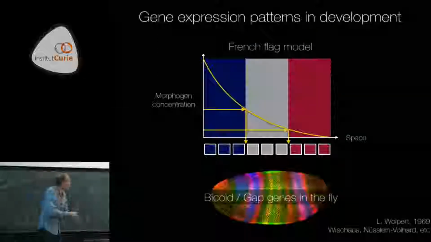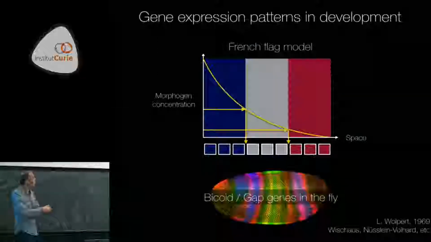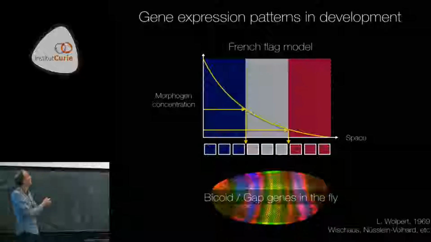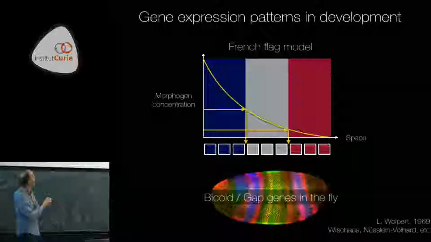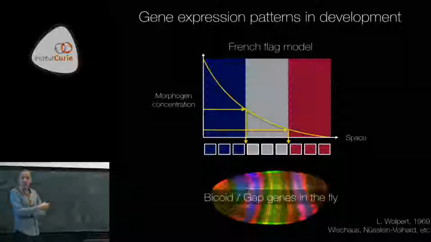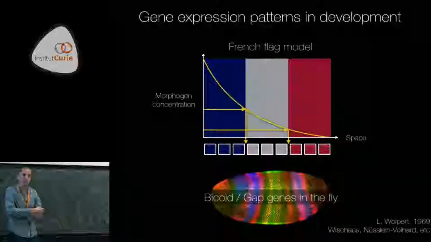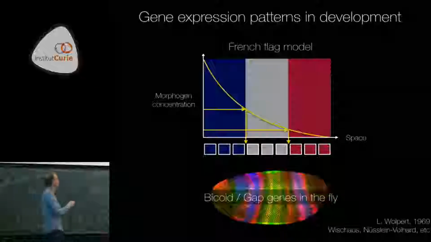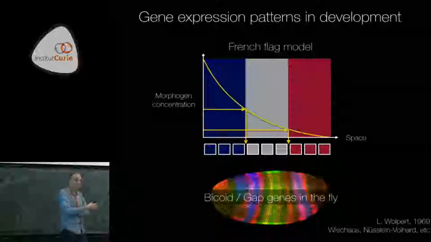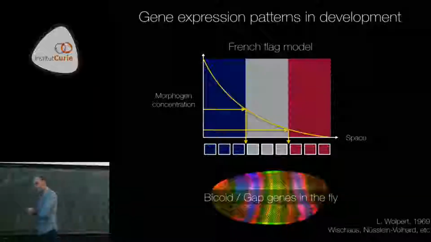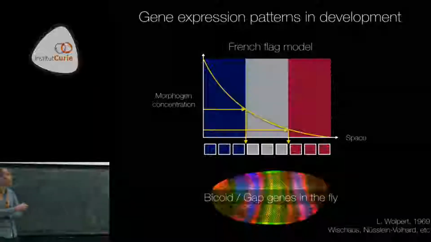Of course, one famously put forward by Lewis Wolpert, the French flag model, where you have perhaps a region in a tissue that secretes a morphogen. There's a rate of degradation across the entire tissue of that morphogen. The morphogen diffuses, and diffusion together with degradation sets a length.